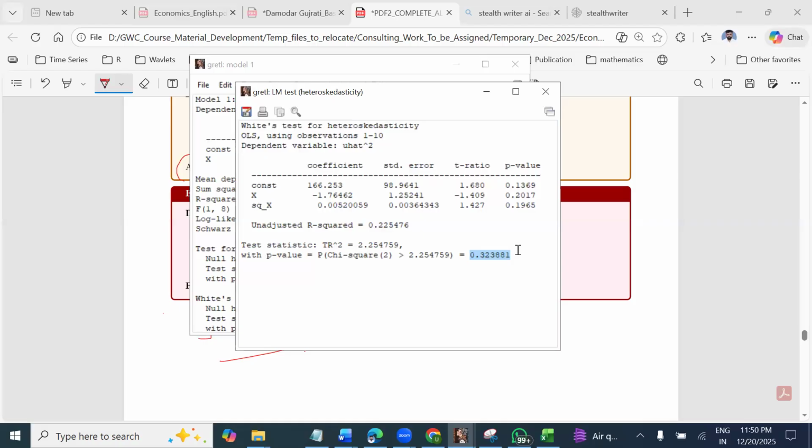You will say we fail to reject the null hypothesis of homoscedasticity. What was our null hypothesis? That homoscedasticity is there. It means there is no problem of heteroscedasticity in our regression model. Is it clear, Chinmay?